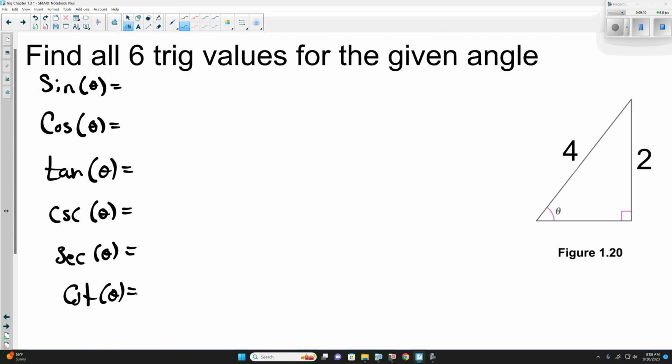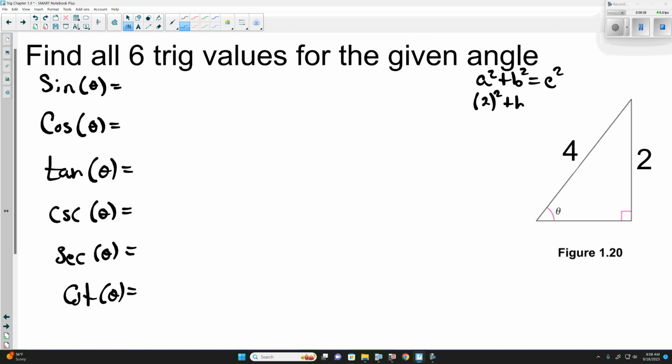Now we're going to do the same thing here, but this time instead of giving us two of the legs, it gave us one leg and the hypotenuse. So we need to find the other leg. So again, we can still use a squared plus b squared is equal to c squared.